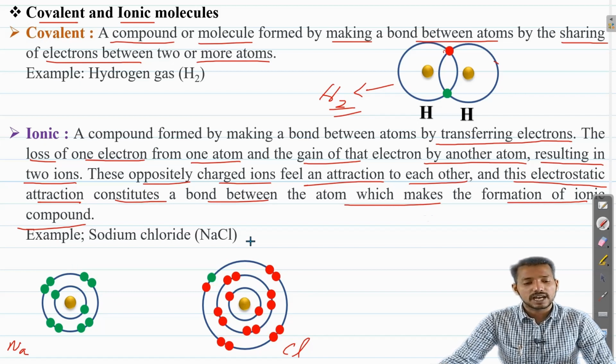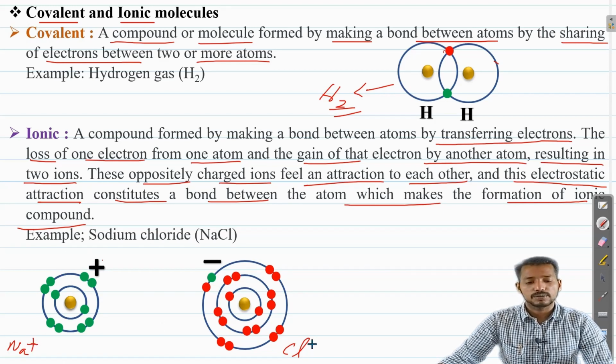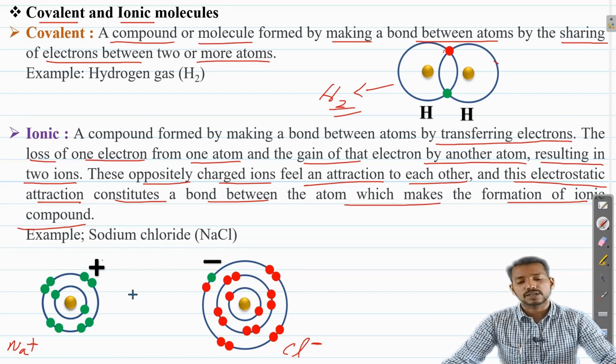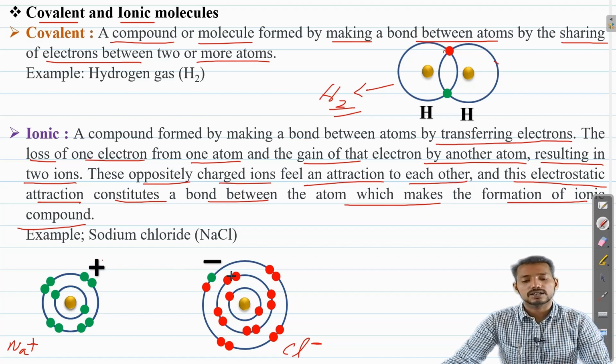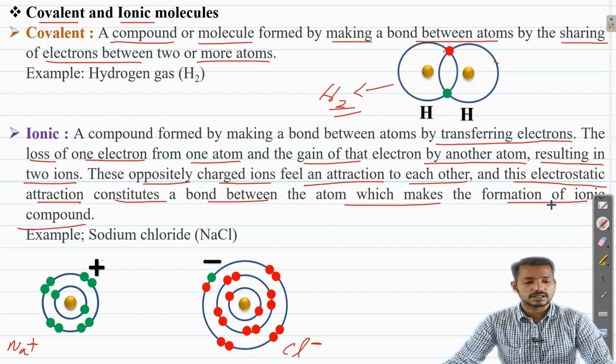But at the same time, as sodium lost 1 electron and chlorine gained 1 electron, they acquire charges. Sodium acquires a positive charge, so sodium becomes Na plus, and chlorine becomes Cl minus, because they become ions. One has lost an electron, so it has a positive charge, and one has gained an electron, so it has a negative charge.